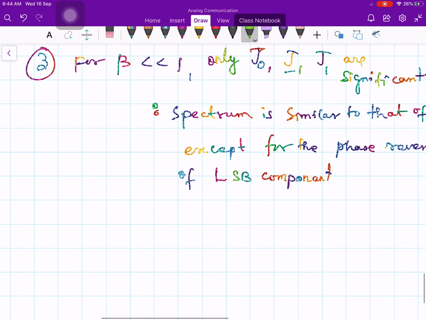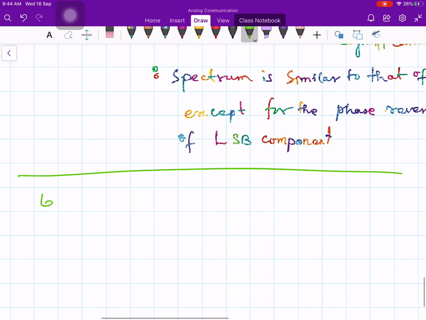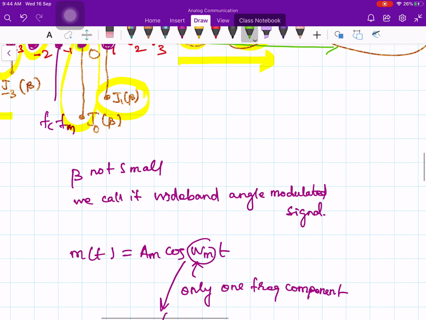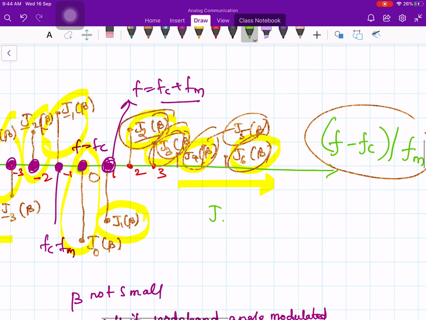And the fourth property is, as against property number 3, when beta is much greater than 1, or let me say beta is large, very large, the number of spectral components is very large. You can see from the figure, because in that case J2 of beta, J minus 2, J3, J minus 3 are significant components.